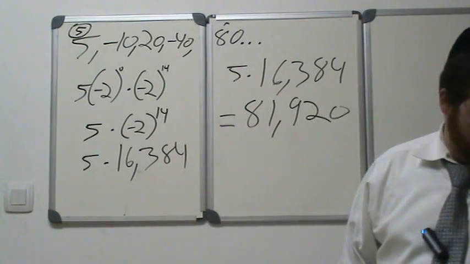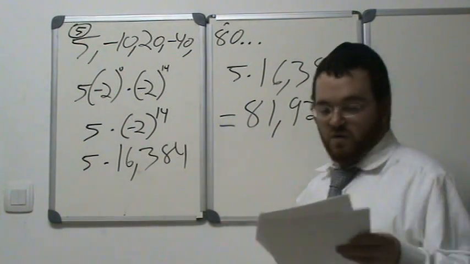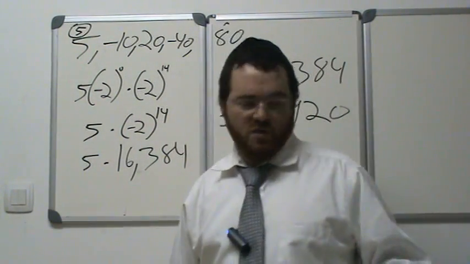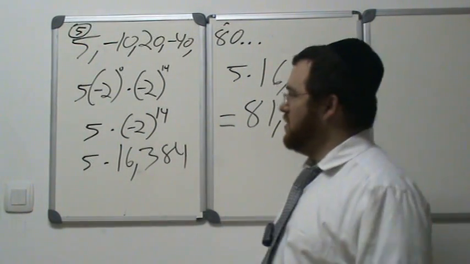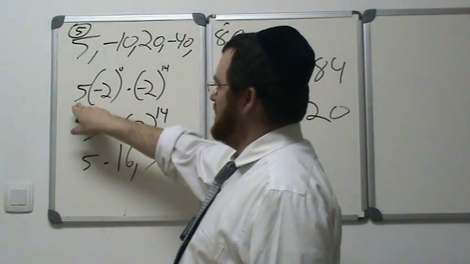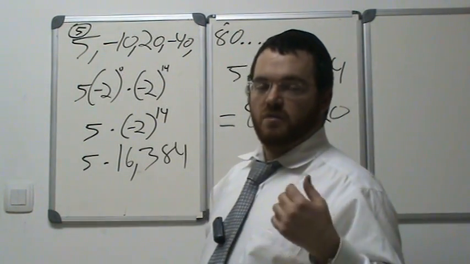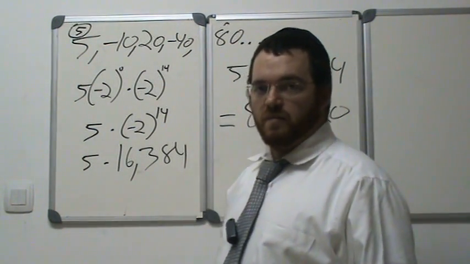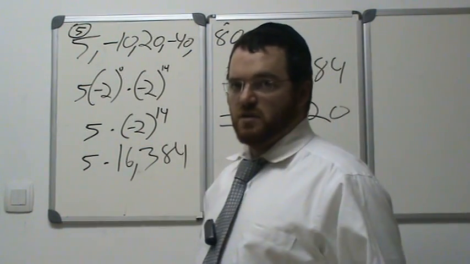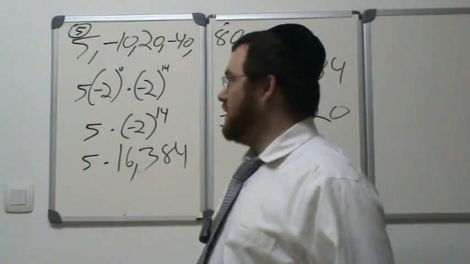So now that we know that the jumper is negative 2, what is the 15th term of the sequence? We know that the first one is 5. So therefore it's 5 times negative 2 to the 0 power, and that's the first term.